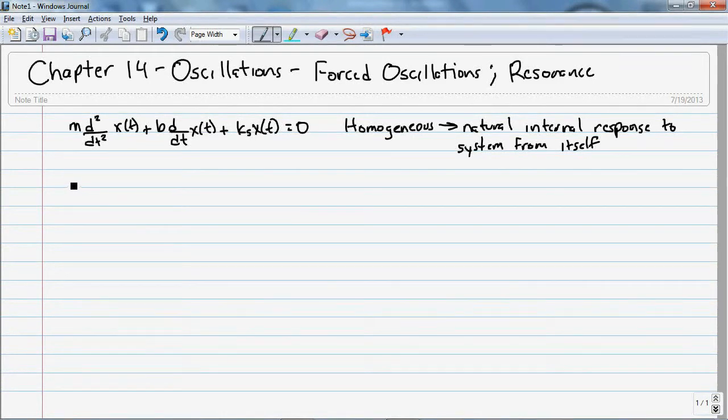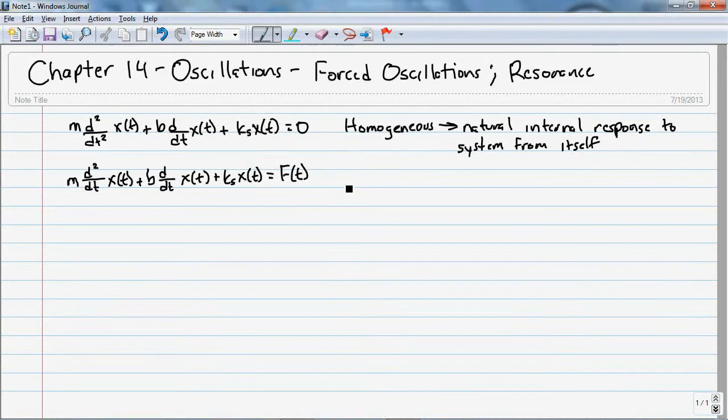But we can also add a forcing function to this. And that would be put on the right hand side, some function f of t.